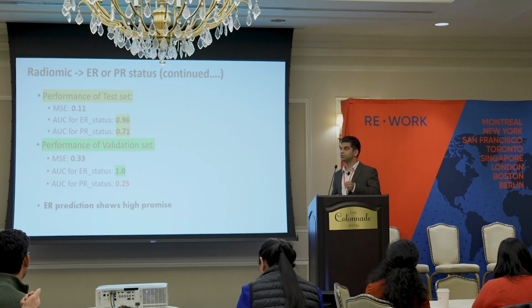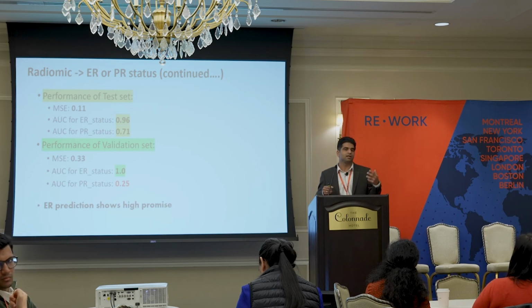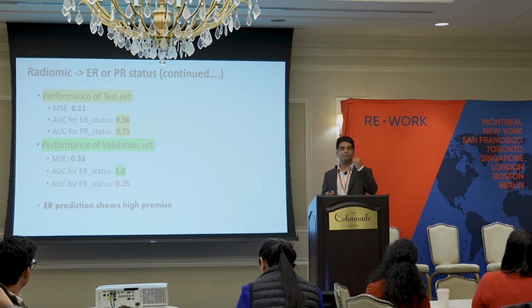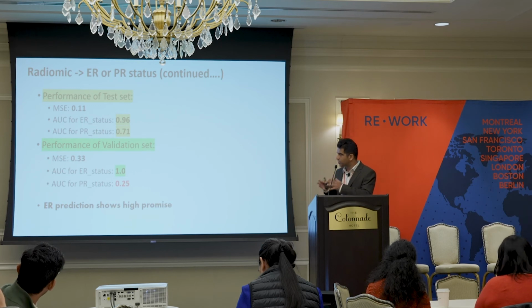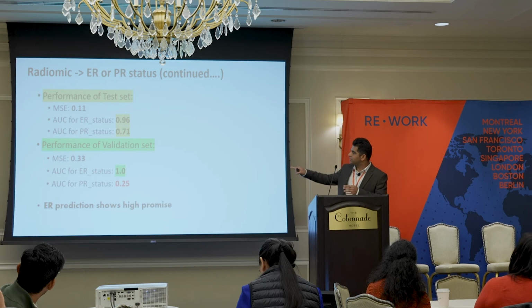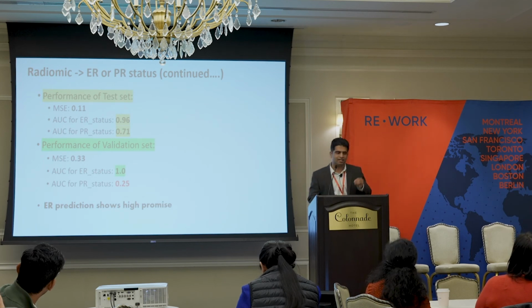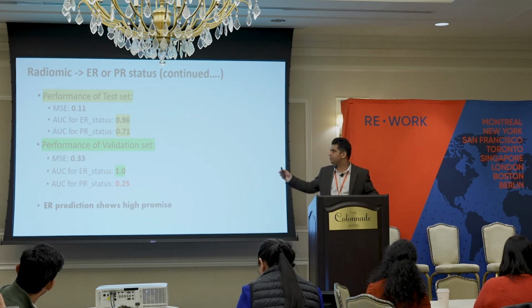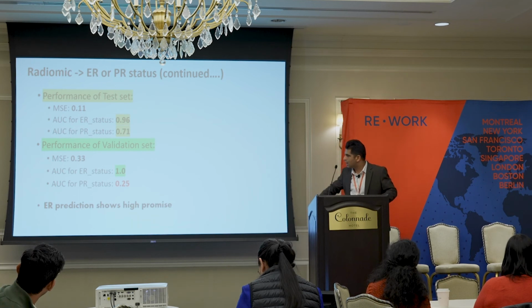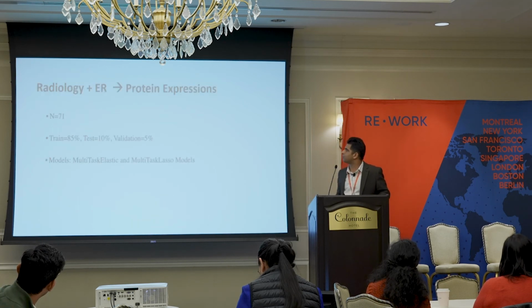They are trained for years to report this directly to patients, so we basically used only those data sets to do the predictions. However, the AUC failed for the PR status, and it is very well known in invasive breast carcinoma that PR status is not as prognostic compared to the ER status. So it reflects in our data set here that ER prediction shows high promise.